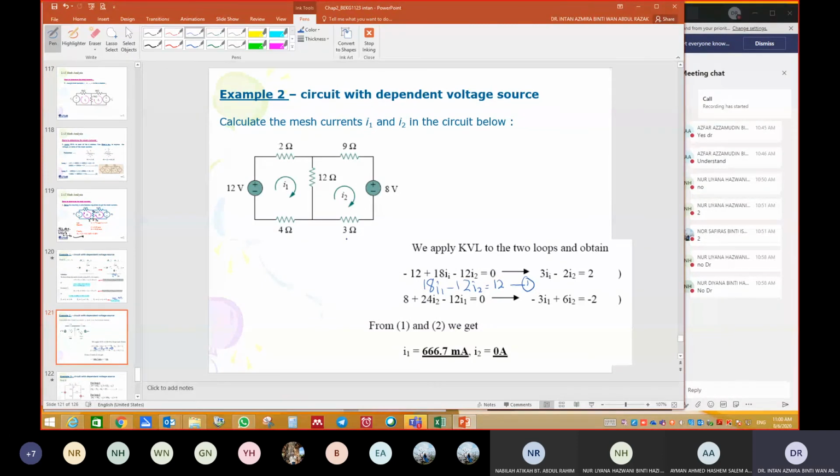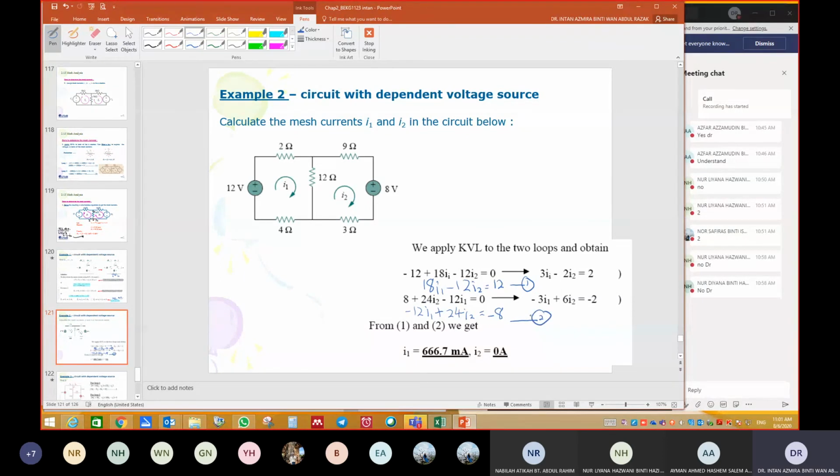It is 24. So positive 24 I2, and then we have positive 8. You just rearrange: minus 12 I1 plus 24 I2 equal to minus 8. This is your second equation.